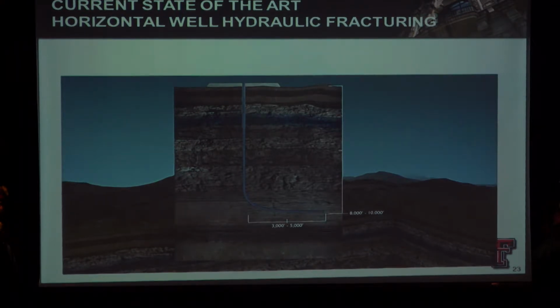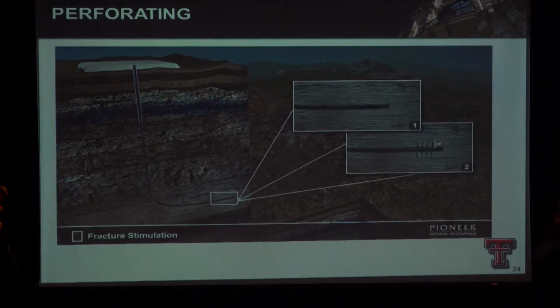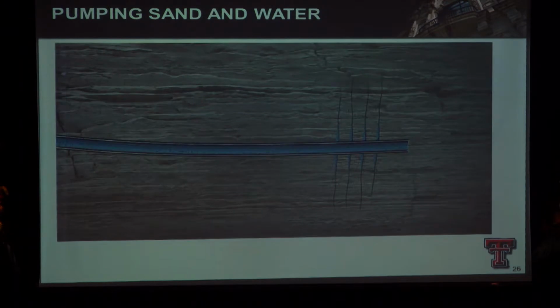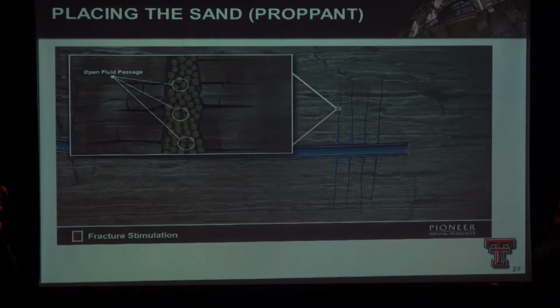So real quick, how are these done? You already saw the horizontal wells here. We drilled them roughly 3,000 meters down and roughly 1,500 to 2,000 meters horizontally. We perforate, we pump the water, just like I showed you in the vertical well, into these perforations, carrying sand and proppant that looks like this.